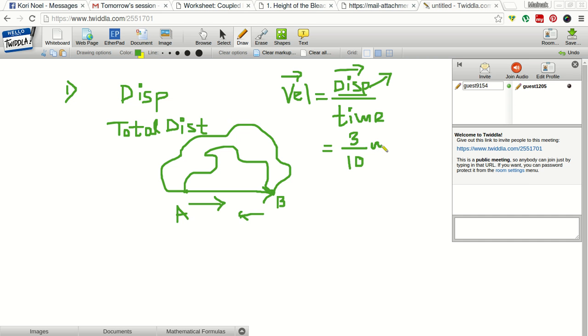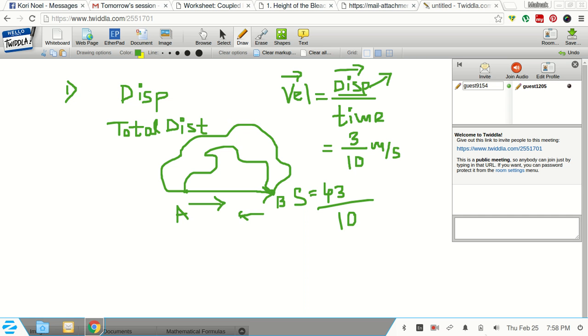And the speed is 43 divided by 10. So that's the basic idea about this problem. You have to know the difference between velocity and speed. That's all.